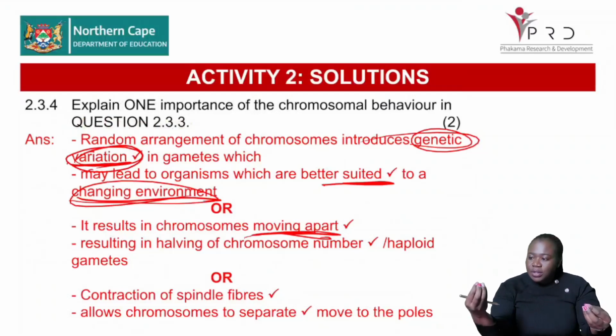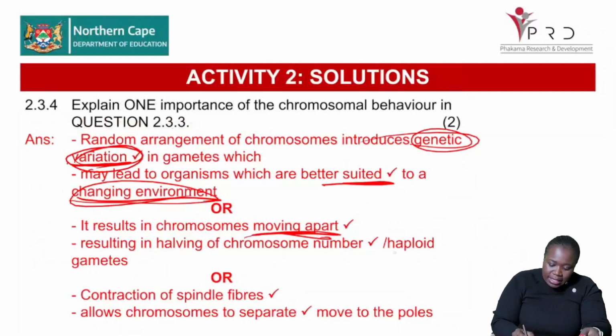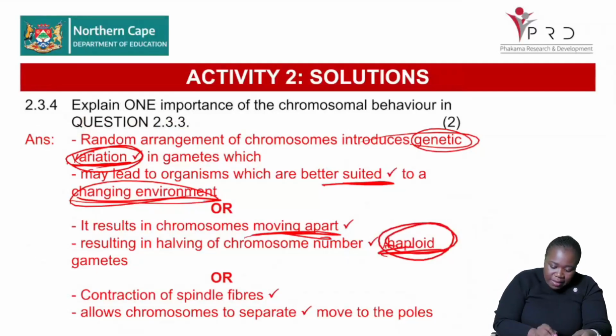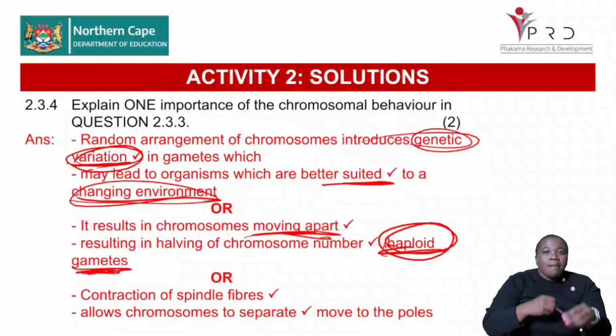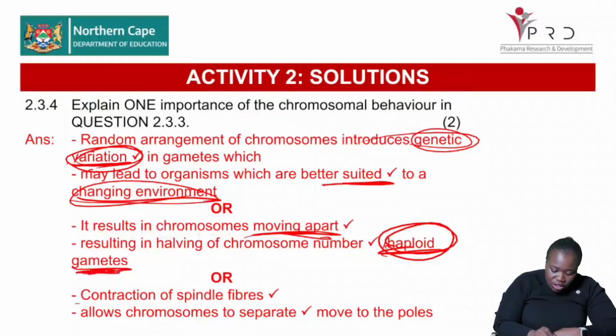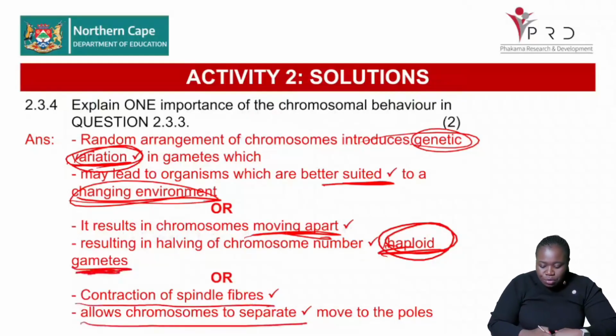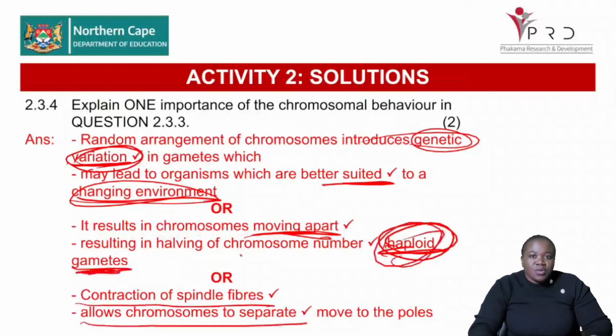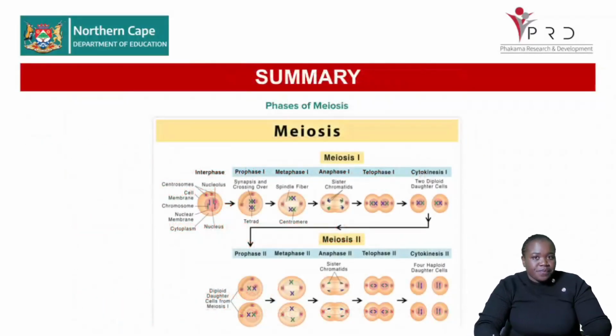During fertilization, when the haploid sperm cell and the haploid ovum come together, they result in a diploid zygote. So we need the gametes to be haploid. So metaphase leads to that halving effect, metaphase 1 and metaphase 2. The contraction of the spindle fibers allows the chromosomes to separate. When the chromosomes separate again, the cells produced will now be haploid.